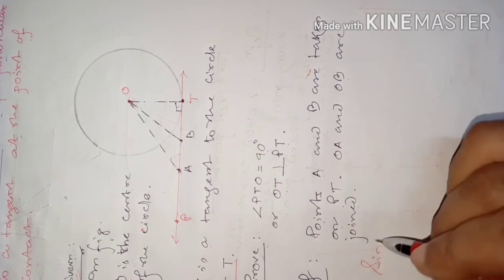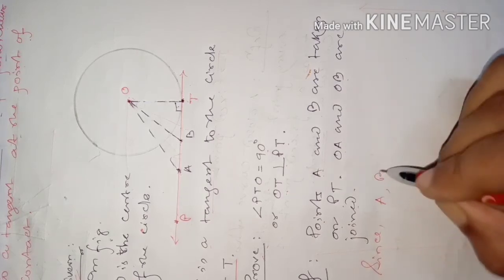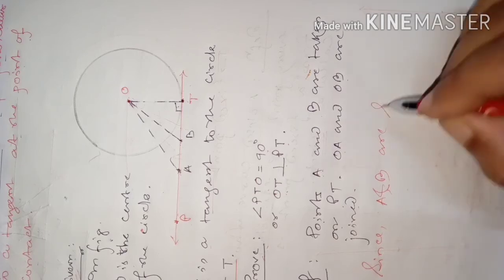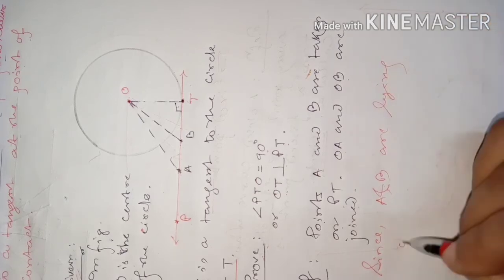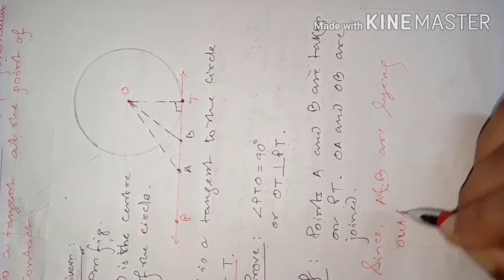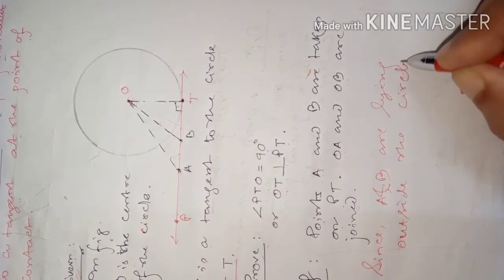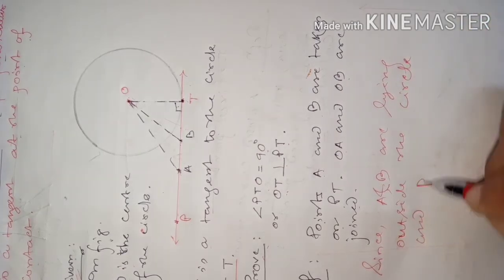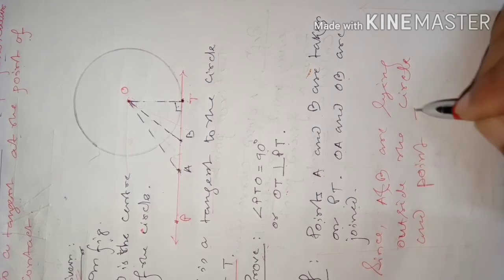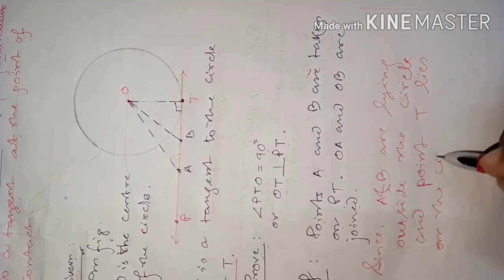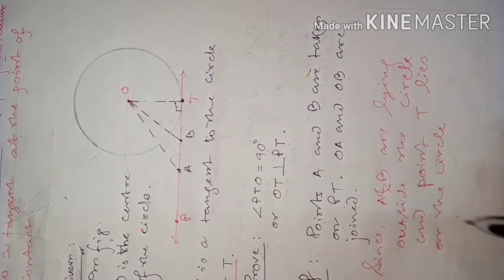Since A and B are lying outside the circle, and point T lies on the circle, therefore OA is longer than OT.